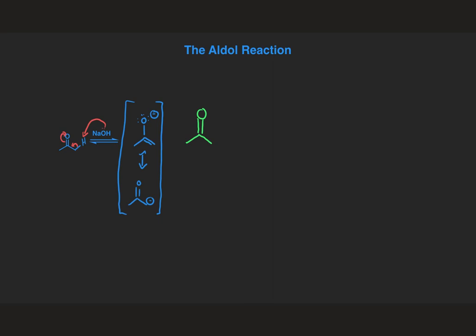And so just like other reactions with enolates, the lone pair on oxygen kicks down and kicks these electrons out, and the carbonyl carbon is electrophilic, and so it's going to attack the carbonyl carbon here.